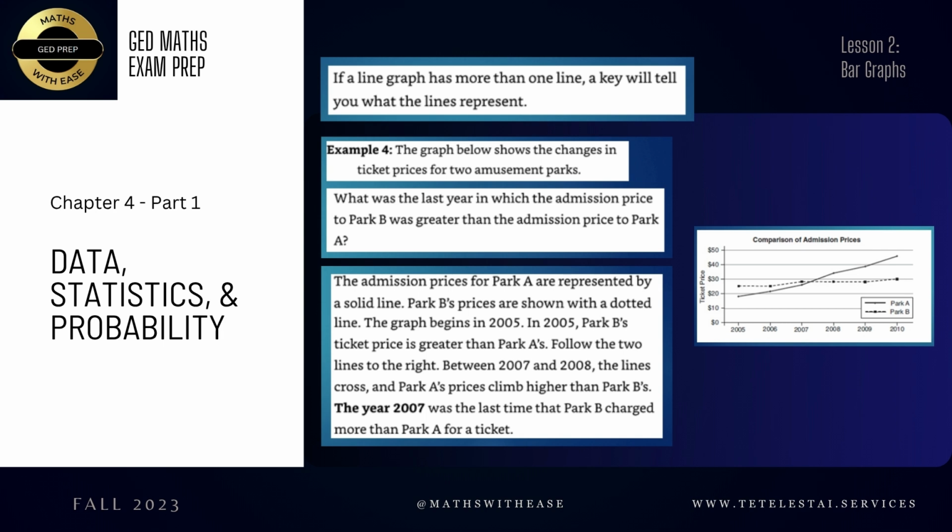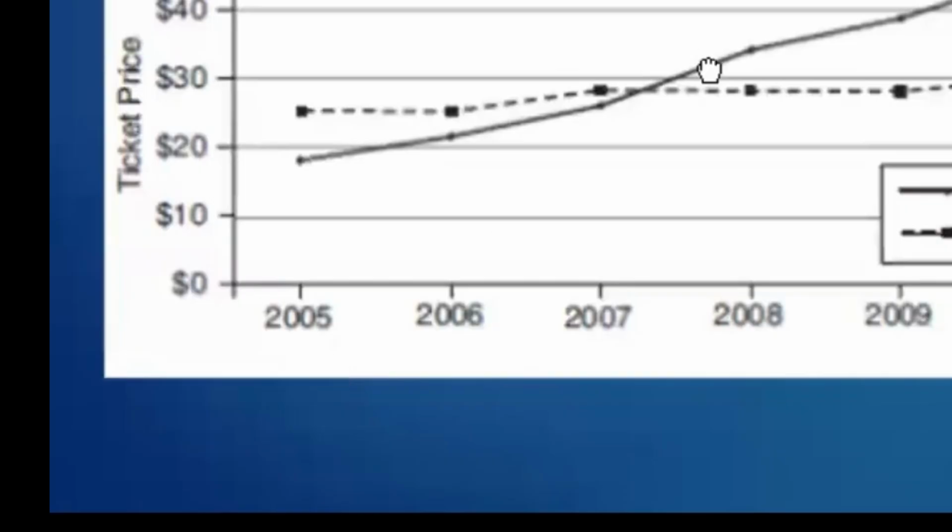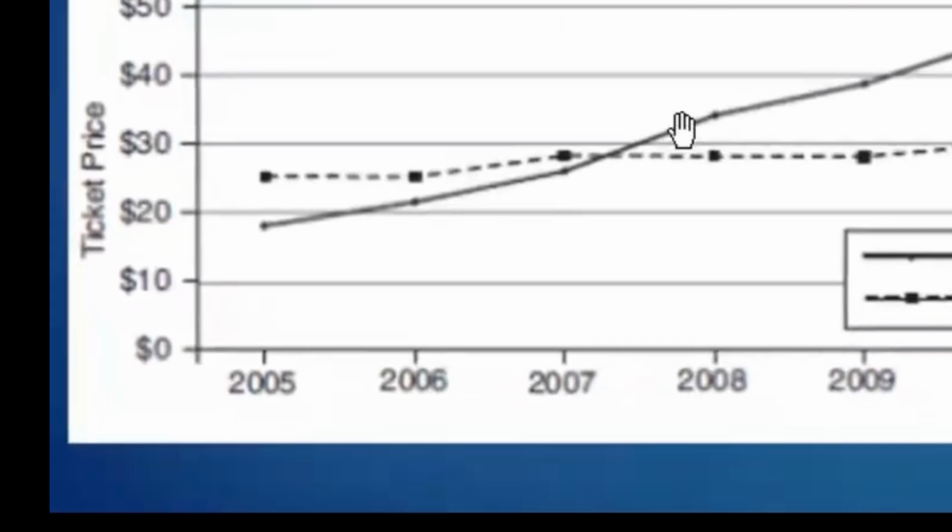And if we read the question again, it's asking us, what was the last year in which the admission price to Park B was greater than the admission price to Park A? And so we can go back to our graph. And we can see that that is around 2007. Okay.